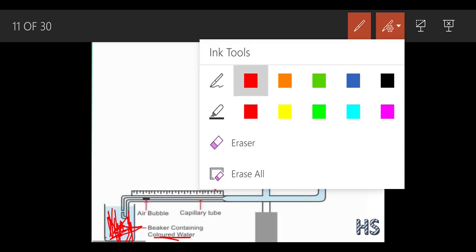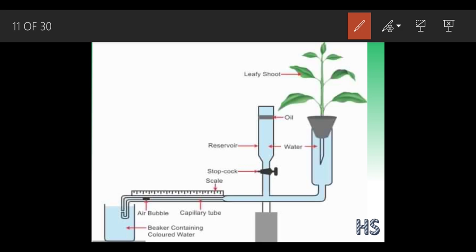So what we are going to do, listen to this experiment very carefully because it is quite tricky to understand. See, there is one part out here, if you can see here. I'm going to cover this part with my thumb. Why am I going to cover this part with my thumb? Because I have to make sure that no air bubble enters into this capillary tube.